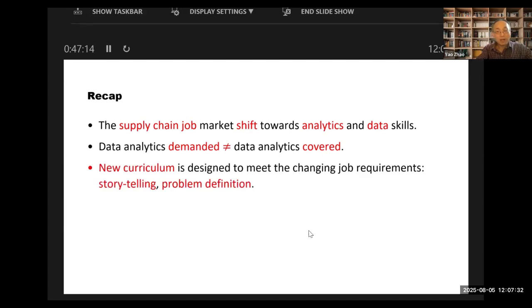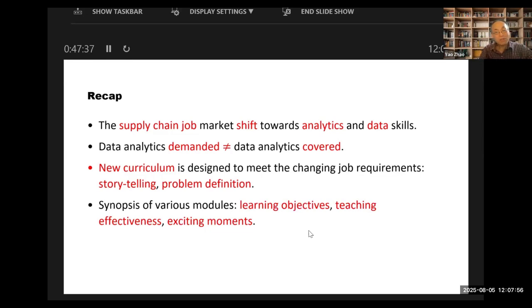That's why a new curriculum should be designed, should be developed, to meet the changing job market requirements. Specifically, we'll talk about storytelling and how effective eye-opening is, and problem definition, how to define and discover problems. These are important skills, not really covered adequately in our curriculum.